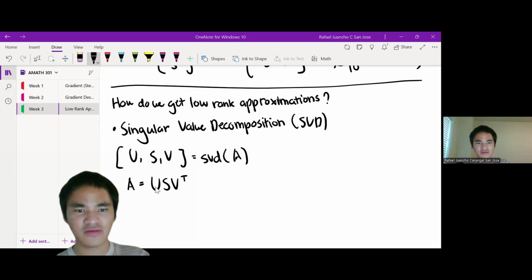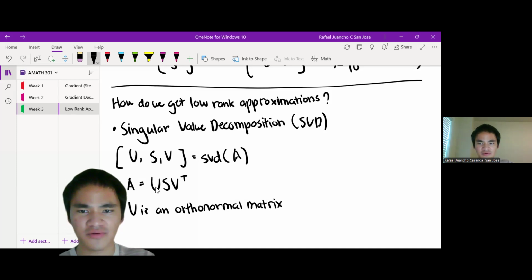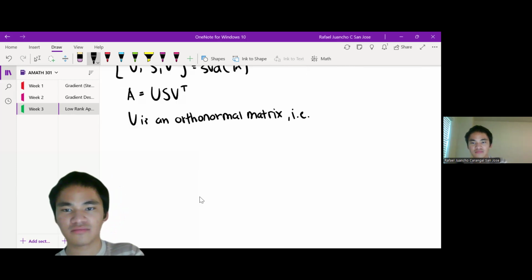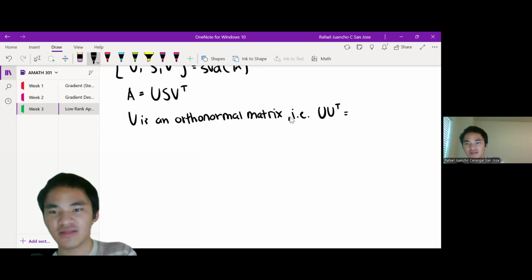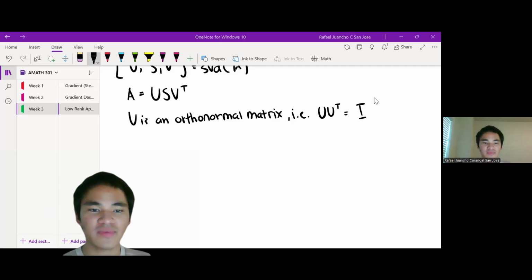Here we say that U is orthonormal. We did talk about these terms. It's an orthonormal matrix such that if you multiply U by its transpose, then it's just the identity. That's what orthonormal means.